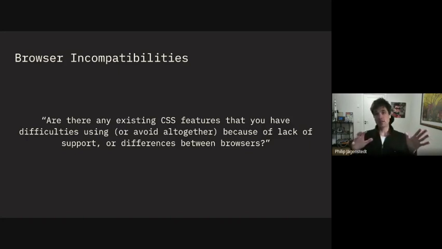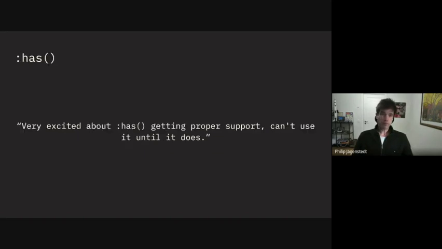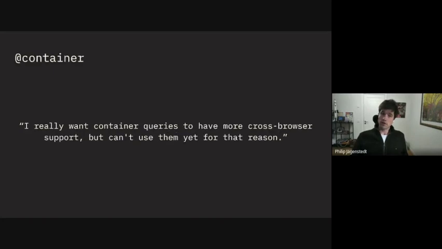As I said, this is a free-form question, so you could write anything you like. Let's take a look at two of the examples. One developer said, very excited about :has getting proper support, but I can't use it until it does. For container queries, someone said, I really want container queries to have more cross-browser support, but can't use them for that reason. Both of these answers are quite representative of the kinds of things people would write.